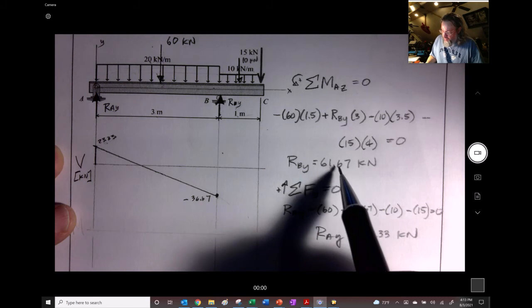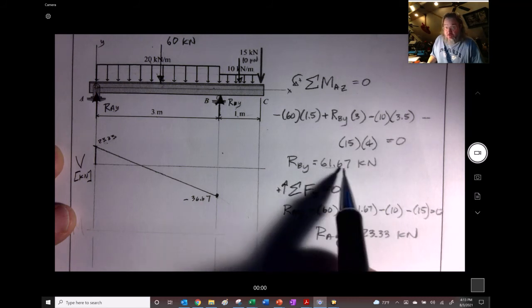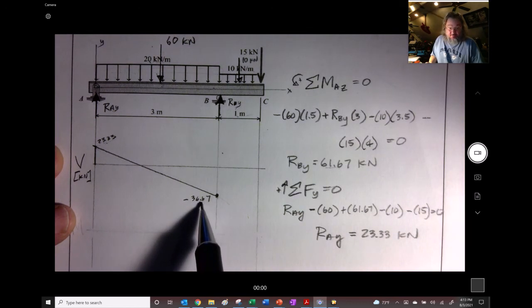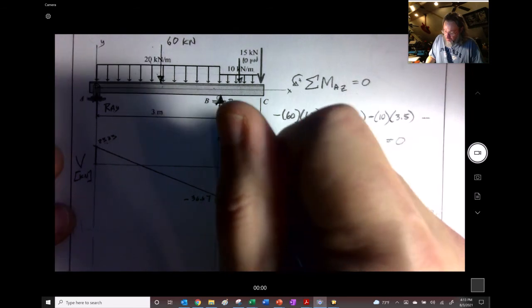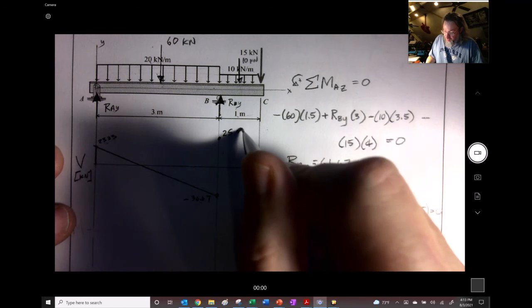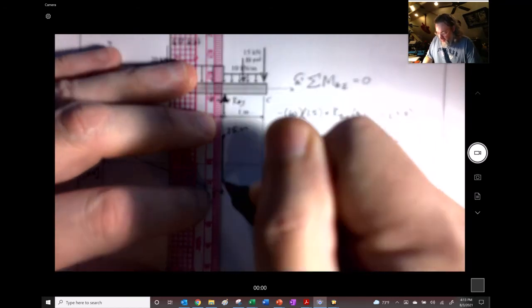By 61.66. So if you add a positive 61.66 to our negative 36.67, you get positive 25.00 actually. Right, so we're going upwards right there.